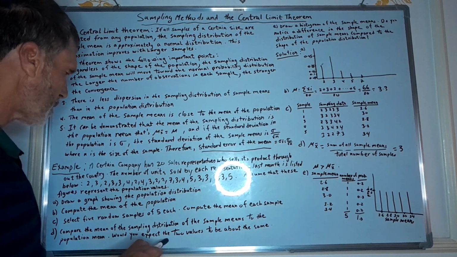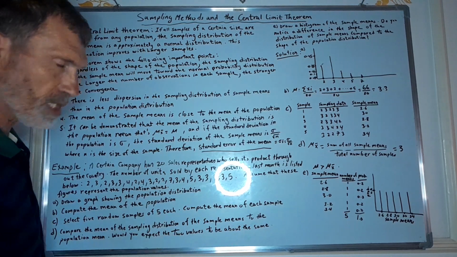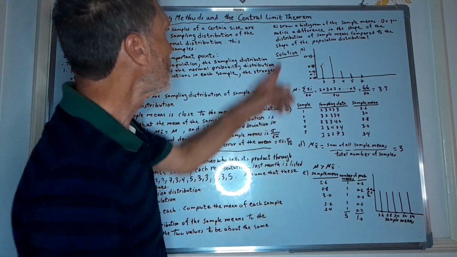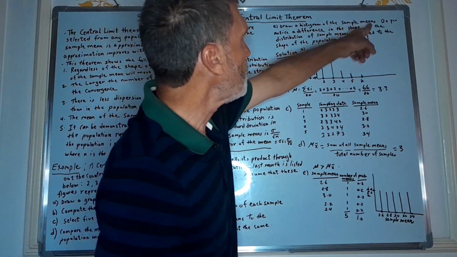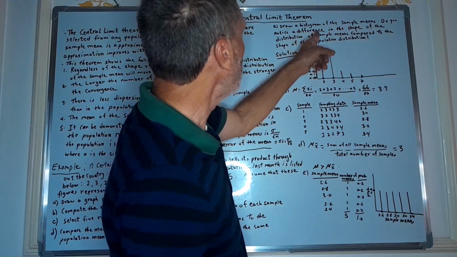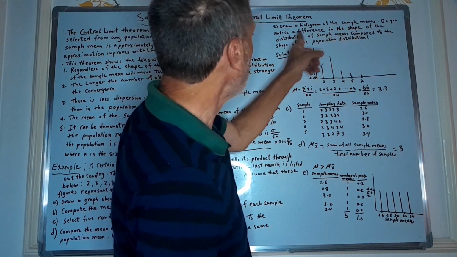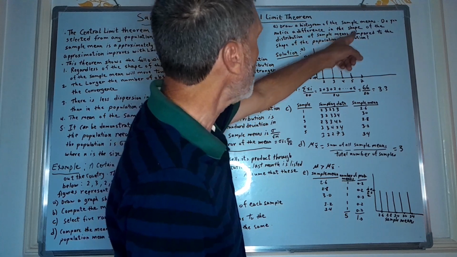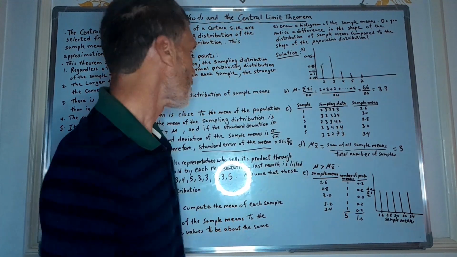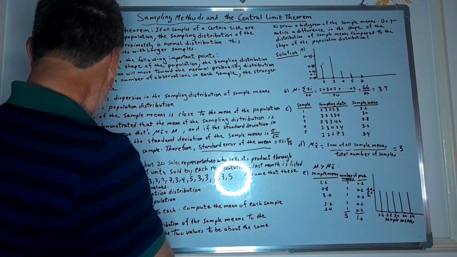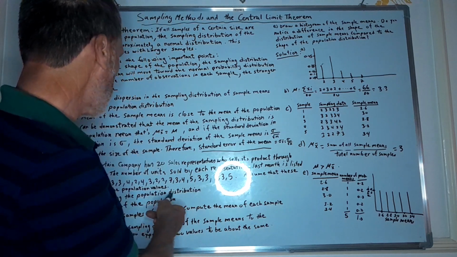Would you expect the 2 values to be about the same? E, draw a histogram of the sample means. Do you notice a difference in the shape of the distribution of the sample means compared to the shape of the population distribution?